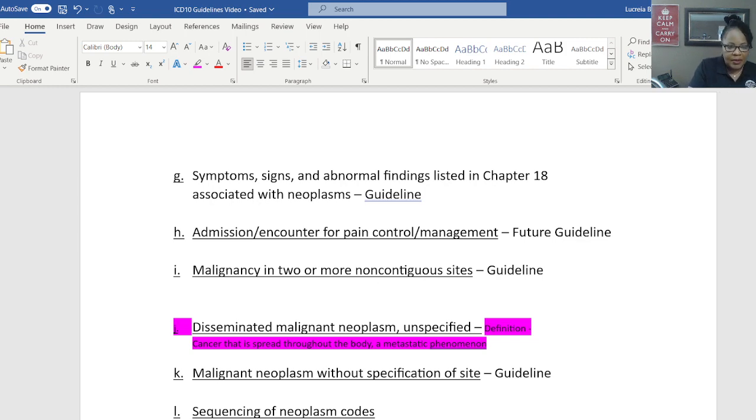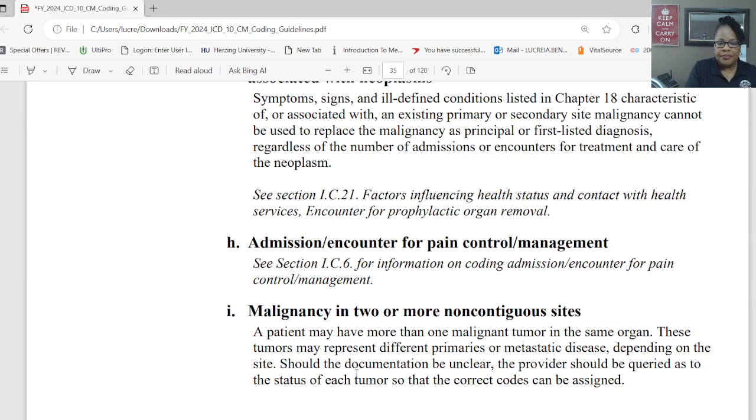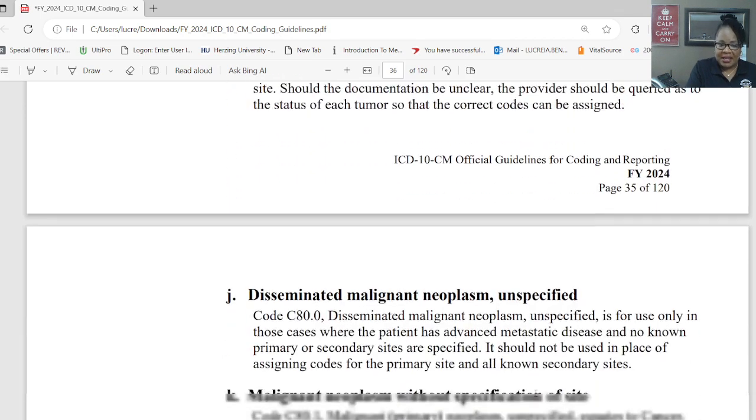So let's see what I says. A patient may have more than one malignant tumor in the same organ. These tumors may represent different primaries or metastatic disease, depending on the site. Should the documentation be unclear, the provider should be queried as to the status of each tumor so that the correct codes can be assigned.